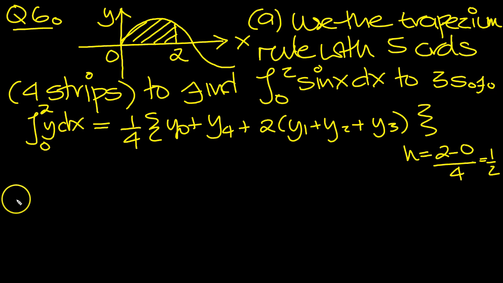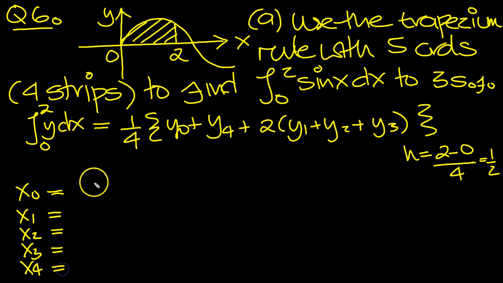Now we need our 5 ordinates, so let's do x0, x1, x2, x3 and x4. So x0 is 0, and we're going up 4 strips, so they'll be divided by a half, won't they? As we said, it's a half, so they go up in 0.5s.